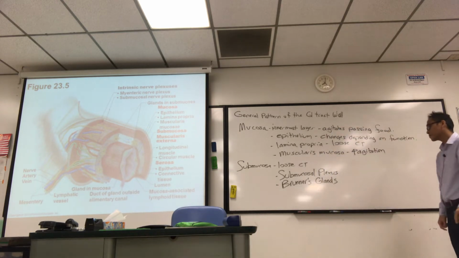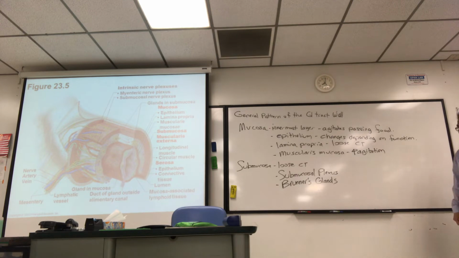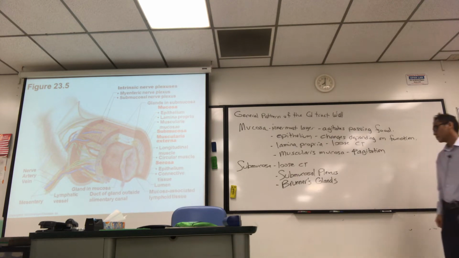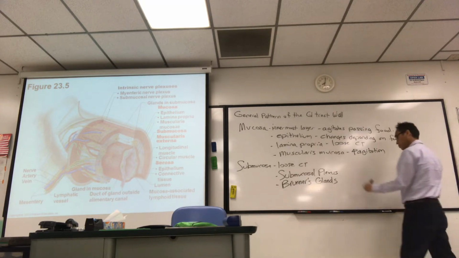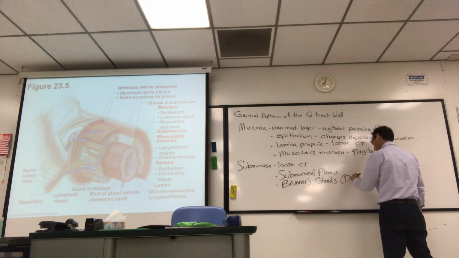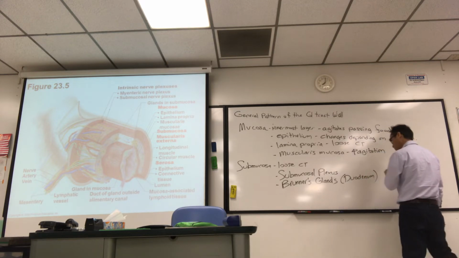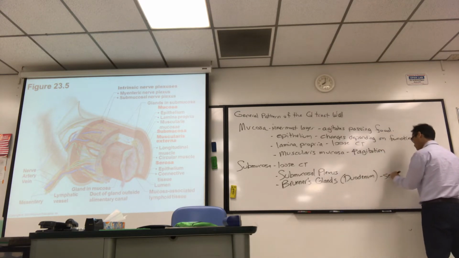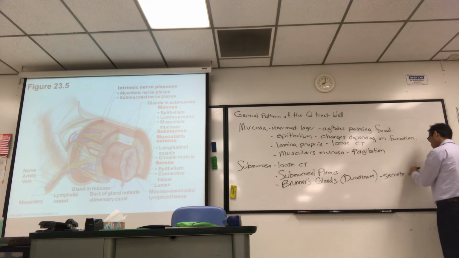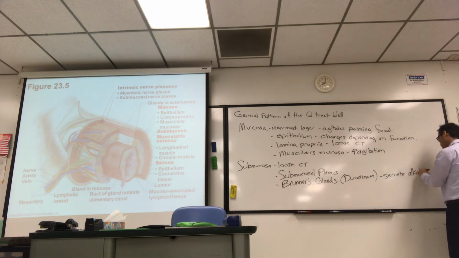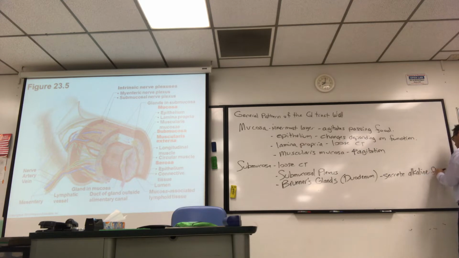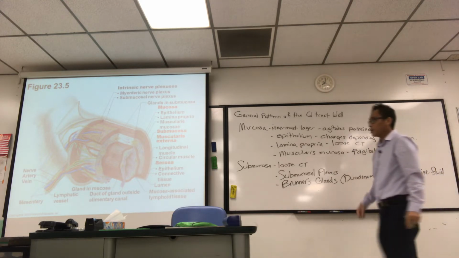The Brunner's glands will secrete an alkaline fluid in the duodenum to help neutralize acid in the duodenum. So they're in the duodenum, that part of the digestive tract. They're in the submucosa. Secrete an alkaline fluid that'll help neutralize the stomach acid.